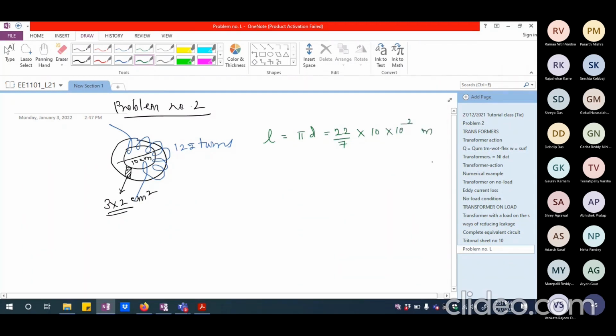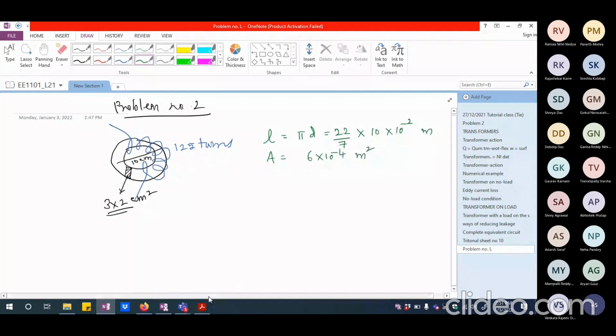This is the length of the magnetic circuit in meters. Now, the area of cross section we can write as 6 multiplied by 10 power minus 4 meter square.